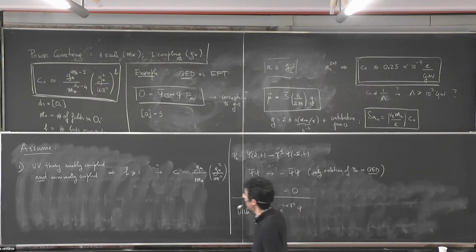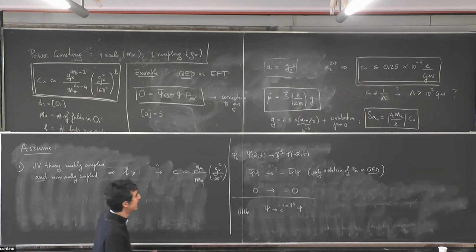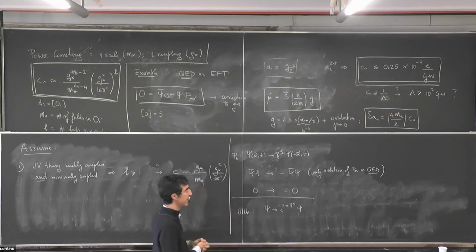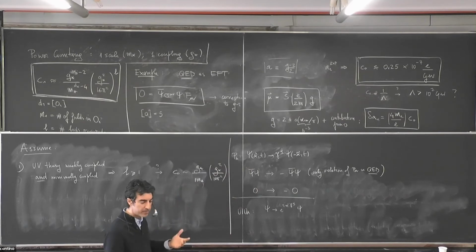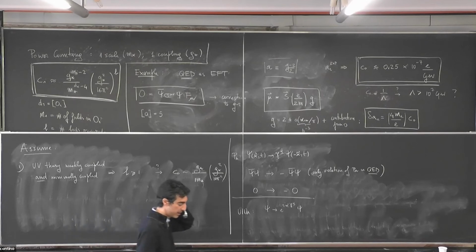So how to take into account at this point that there might be an additional suppression due to the fact that the two effects can be related? Well, the trick to take into account this correlation goes under the name of a spurionic argument.